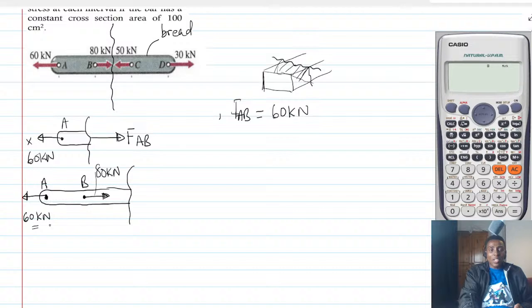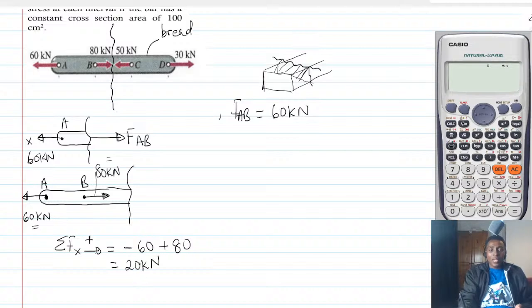So this is 60 kilonewtons, this is 80. But let's sum forces, alright? Every force moving in this direction is positive. Let's do that and see. So 60 kilonewtons is minus, and then 80 kilonewtons is plus. Is that right? So we are going to get what? 20.